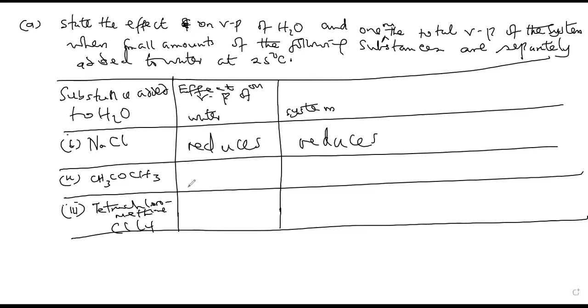In other words, when you add propanone in water, the vapor pressure increases. Even for the system, it increases. We want to establish the reason why. We are saying that both propanone and water molecules are polar, but hydrogen bonds in water are stronger than the van der Waals forces between propanone molecules.